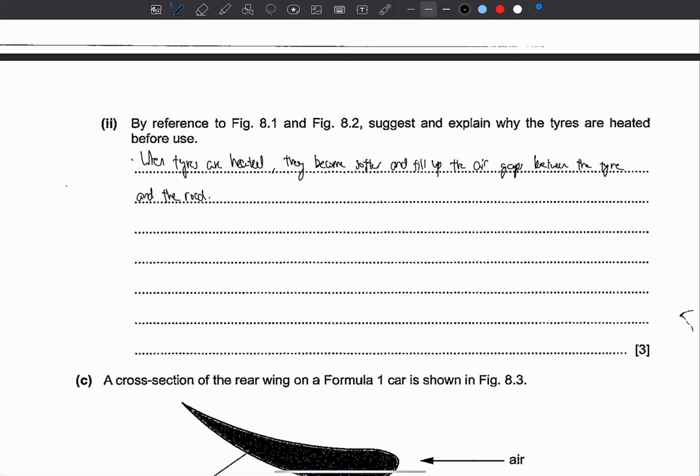This increases the amount of surface area of contact. This increases the surface area of contact, hence it increases the coefficient of friction. Alright. Now the next point.